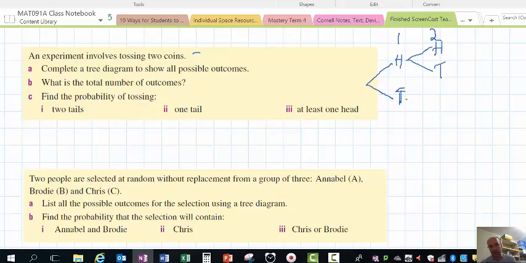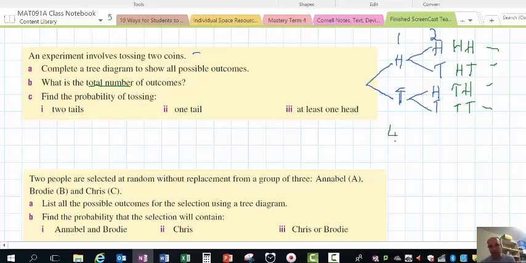If coin 1 was tails, coin 2 could be heads or tails. And at the end we just write down what the outcomes are. The first one is HH, the second outcome is HT, TH, TT. What is the number of outcomes? 1, 2, 3, 4. So there are 4 outcomes.